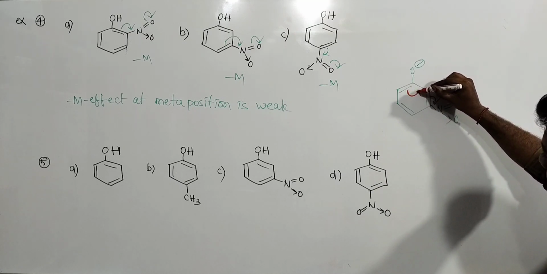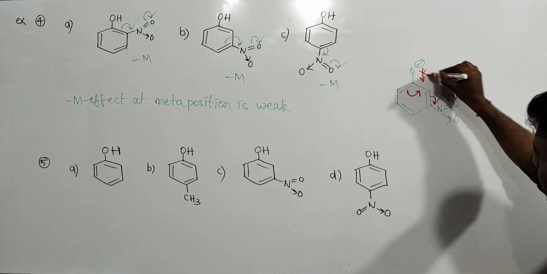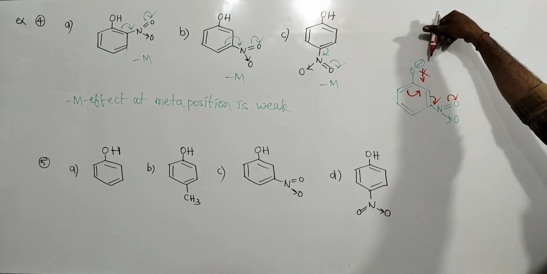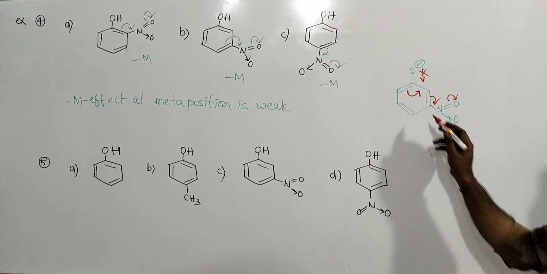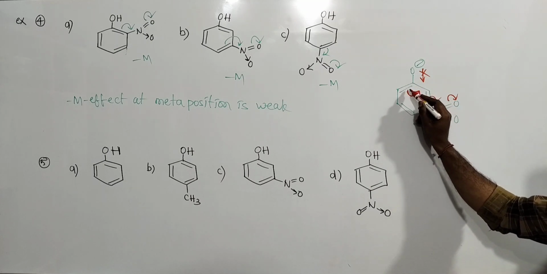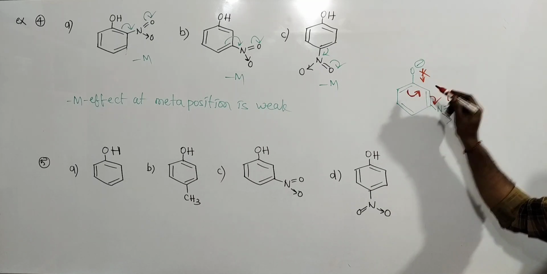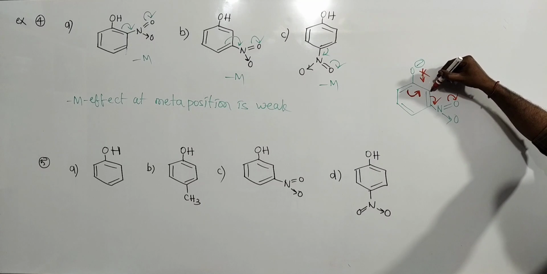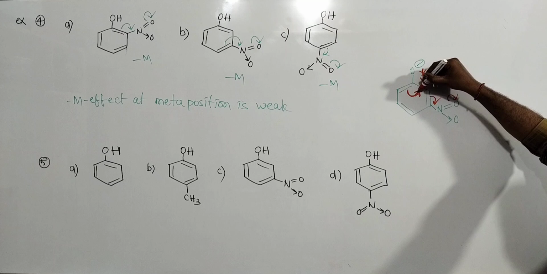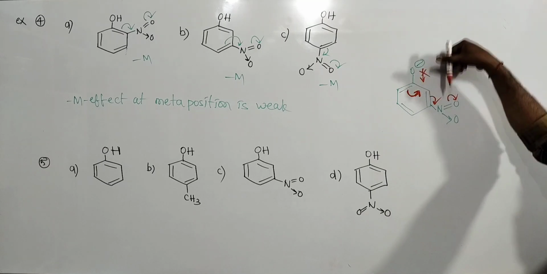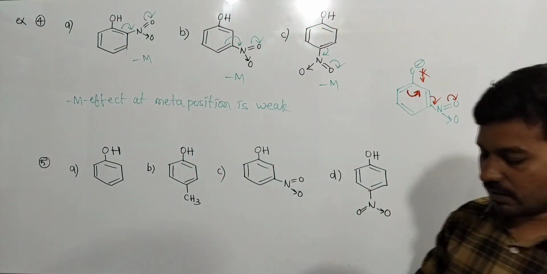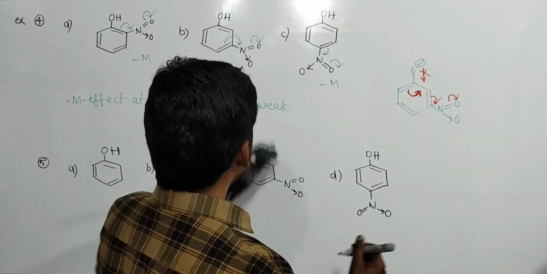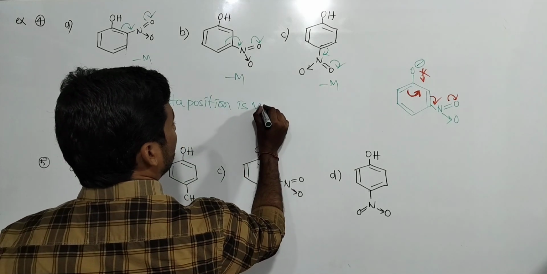This group shift here means this negative charge doesn't come down. Whenever negative charge does not undergo delocalization, it doesn't come down. So mesomeric effect is not present, because this pi bond is involved in mesomeric effect, this negative charge comes down, because whenever this becomes positive, immediately this bond shifts here. That's why negative charge cannot come down. That's why mesomeric effect at meta position is very weak, not considerable.